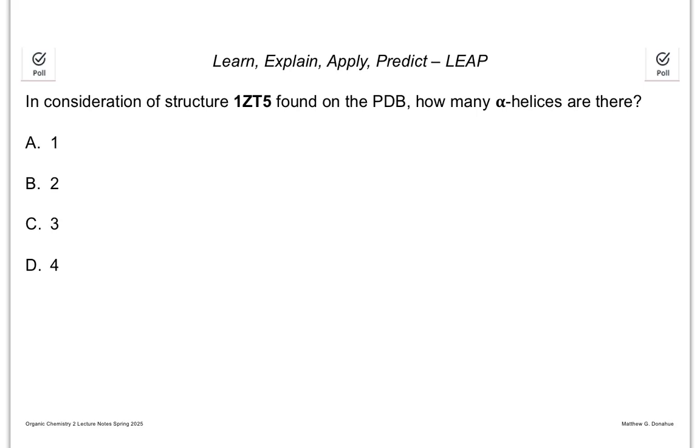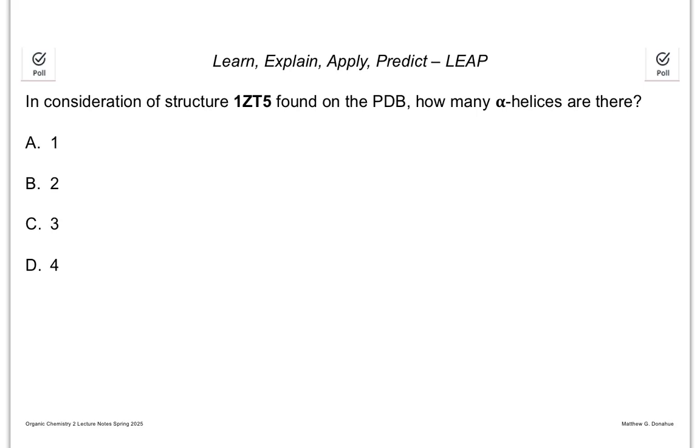To answer these questions, you can probably do it visually and get the right answer most of the time. But really what you want to do is, first question is, how many alpha helices are there? This one, visually you can tell by looking at it, there's only one, but again, if you go to that other screen, do you know how to find that information as well?